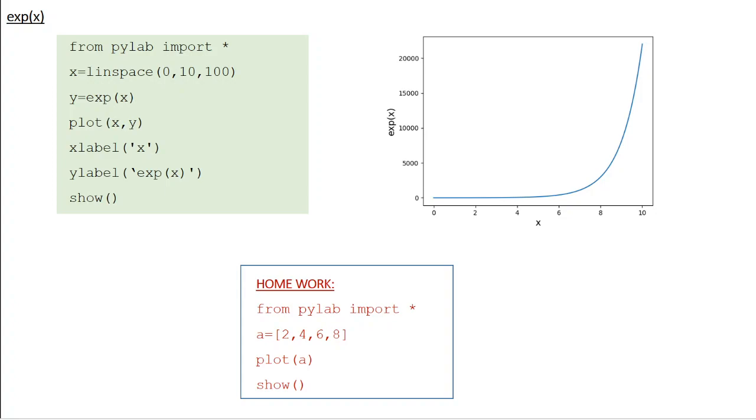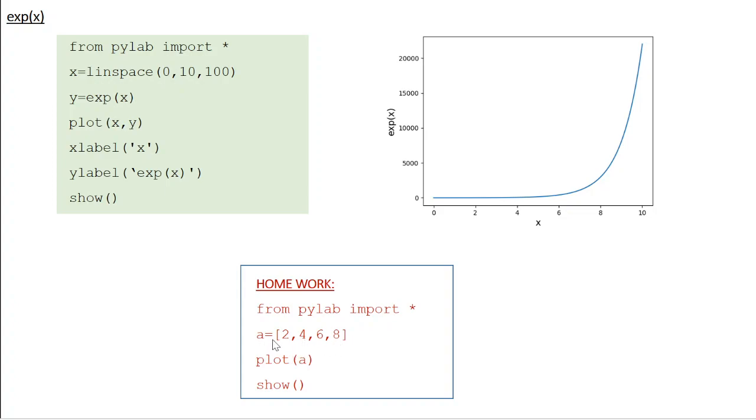Before winding up, there is another homework for you, because so far we have been discussing two-dimensional graphs wherein you require two axes, one horizontal axis and one vertical axis. What happens if I have only one axis? Can I plot a 2D graph using just one axis? Suppose A equal to 2, 4, 6, 8.